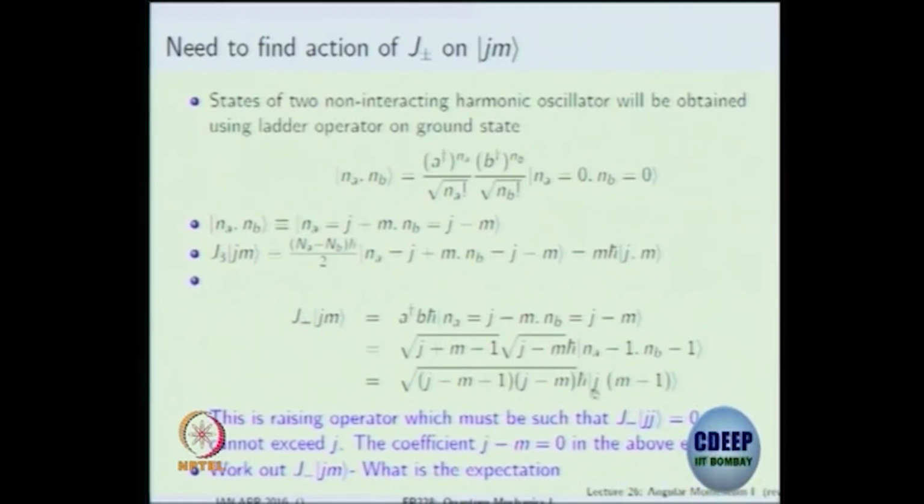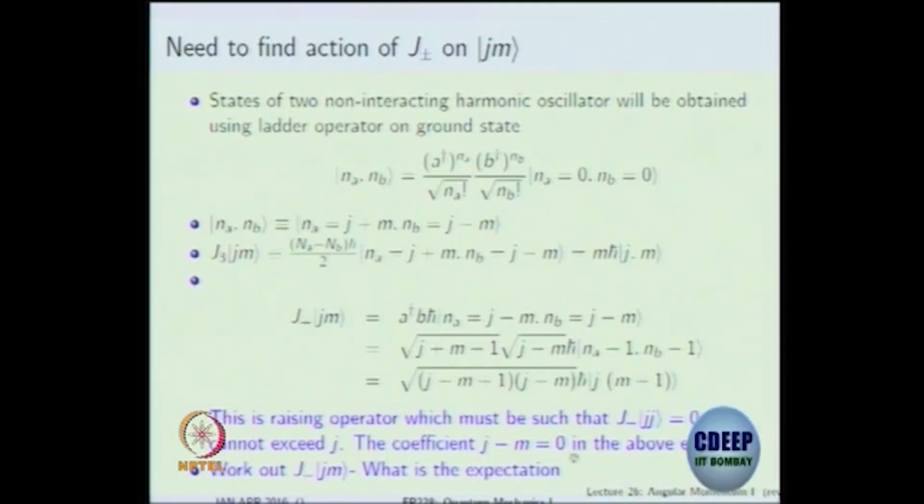The J does not change, and you have rewritten all these Na eigenvalues and Nb eigenvalues in terms of J plus m and J minus m. And this is a raising operator which has the property that there is an upper cutoff as m cannot exceed J. And you see this naturally: when m equals J, this term becomes 0.